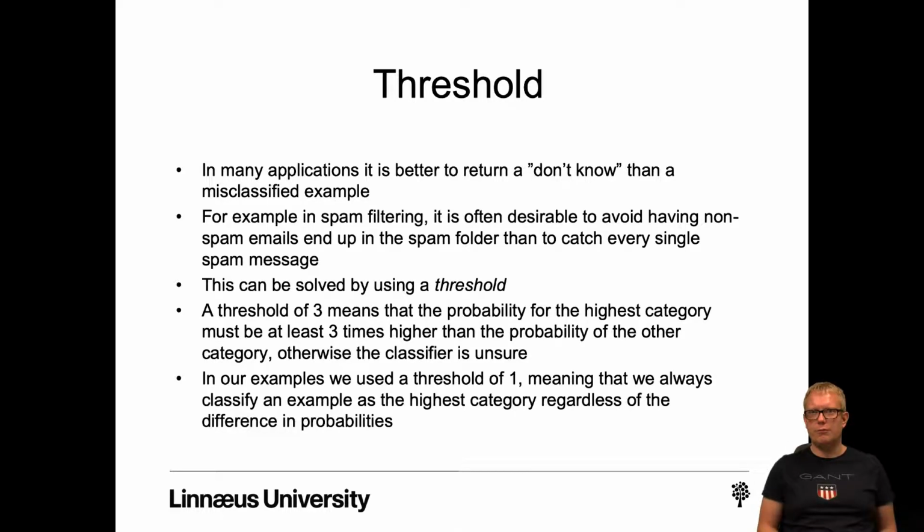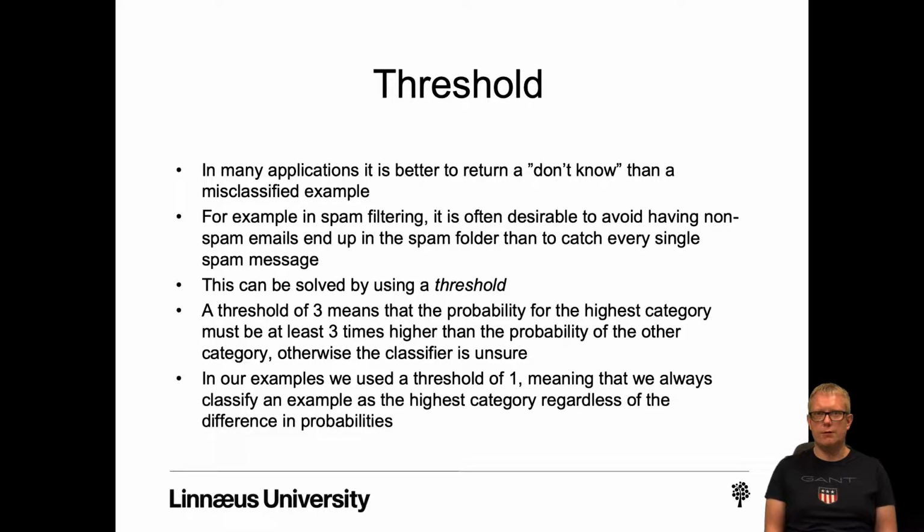For example, in spam filtering, it's often desirable to avoid having non-spam emails end up in the spam folder than to catch every single spam message, because we don't want to look at our spam folder every day to locate misclassified non-spam messages. This can be solved by using a threshold.